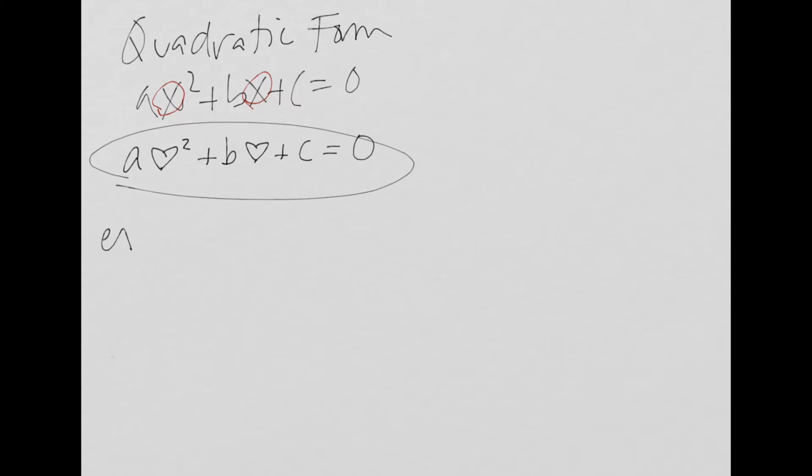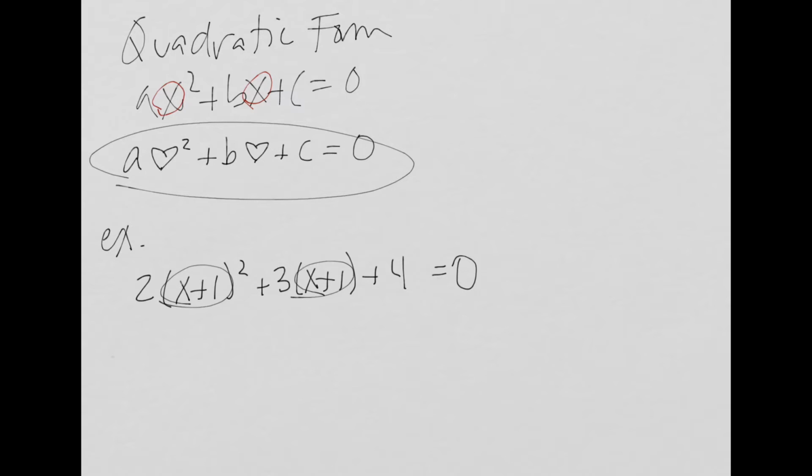So for example, if I were trying to solve the equation 2 times (x plus 1) squared plus 3 times (x plus 1) plus 4 equals 0. Well, this is of the quadratic form because you see it's 2 times something squared plus 3 times something plus 4.